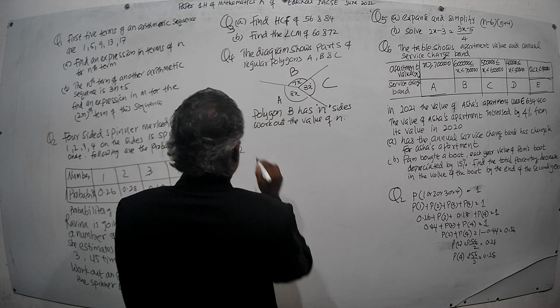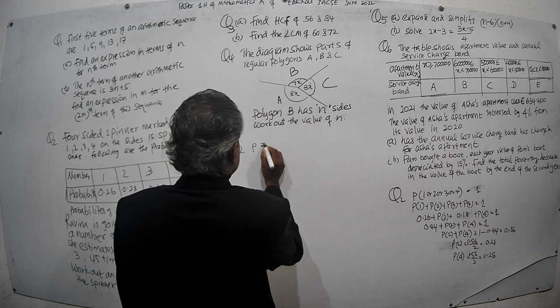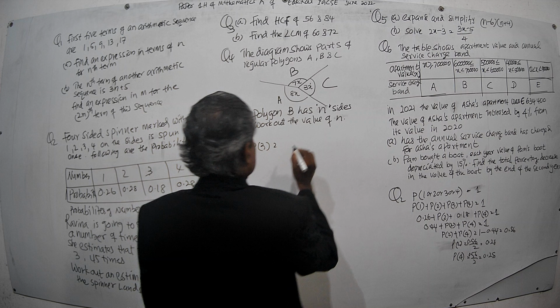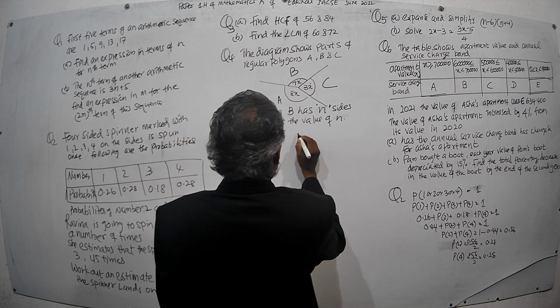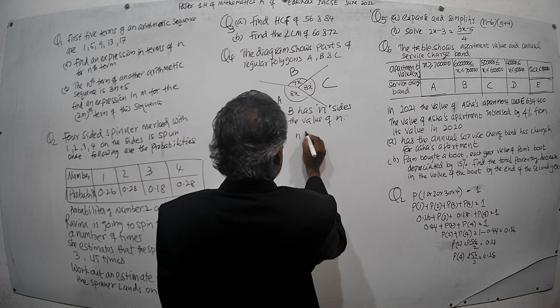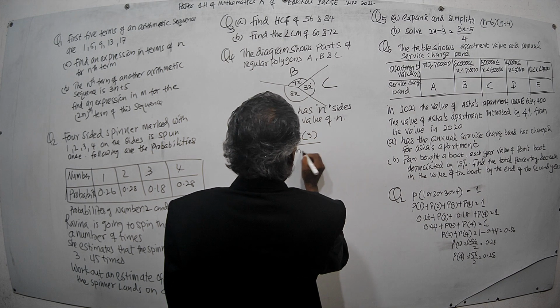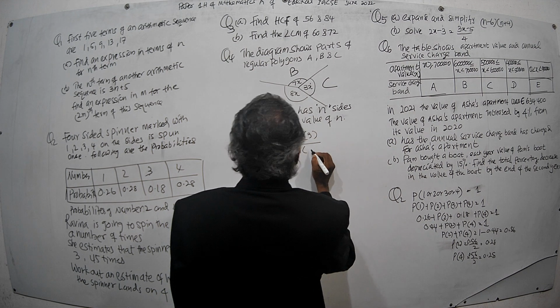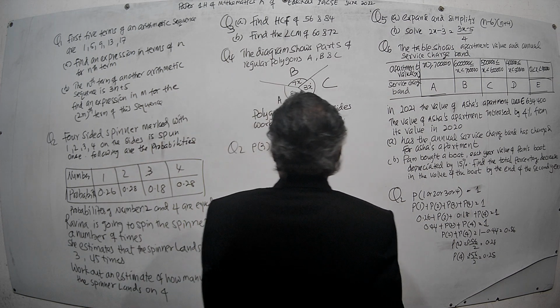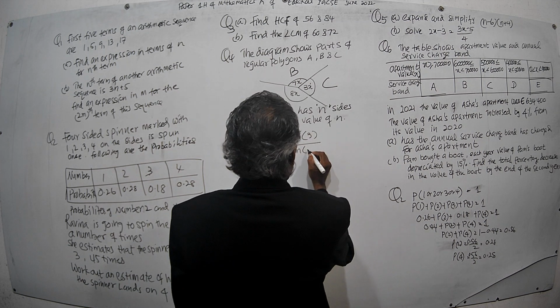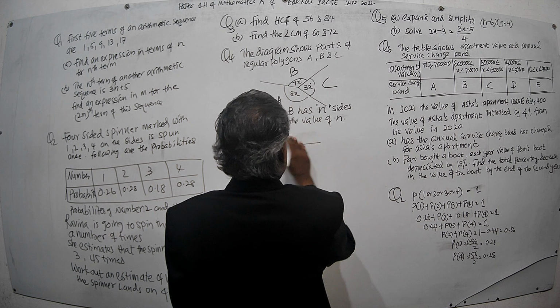Then we write P3 equals N3, that means how many threes, over N. We write the number of threes.